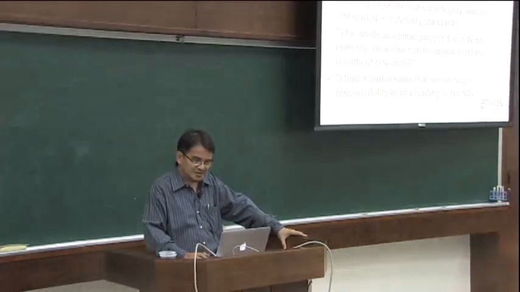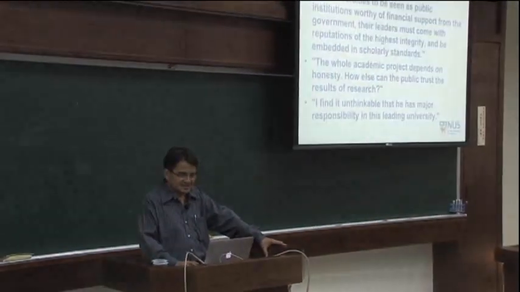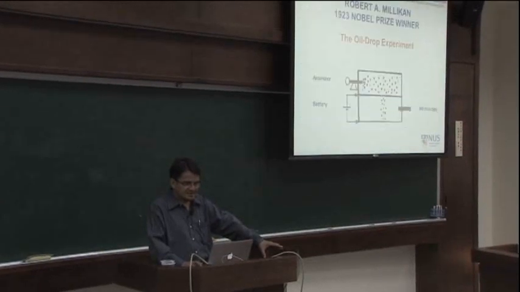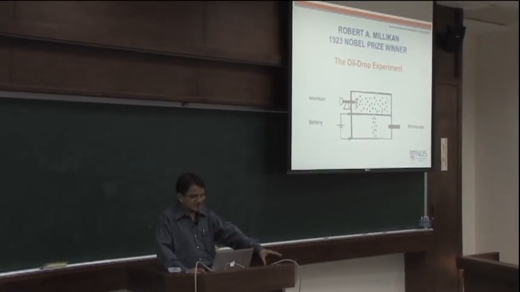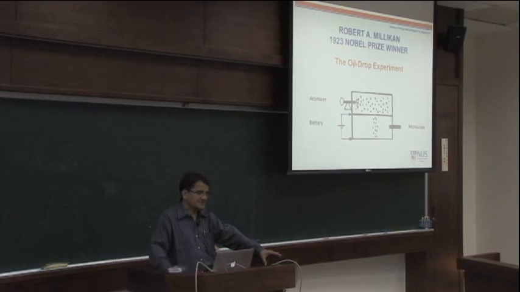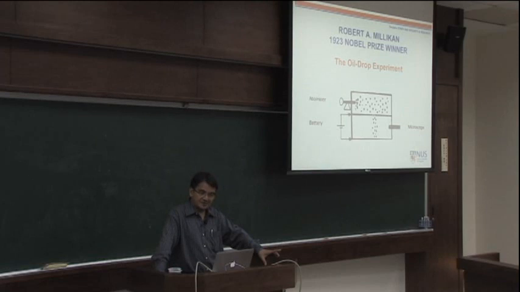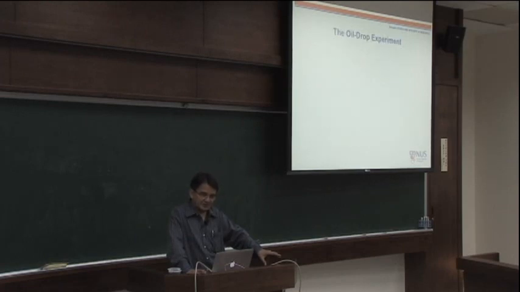Okay, there are other examples that I can cite here. Let me just take you through some of this. Robert A. Millikan was even a Nobel Prize winner. He was Nobel Prize winner in 1923 for research that he did in 1913. But he was discovered 50 years later.